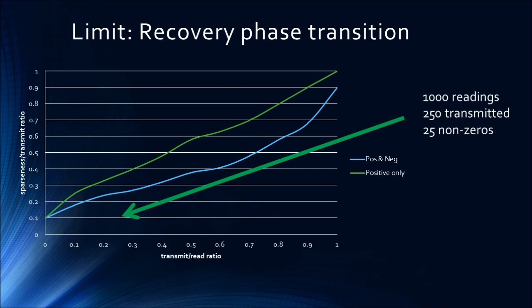However, if the signal is 25 sparse, then we're well into the safe range. In fact, we have room for a slightly noisier signal and still be okay. How okay depends on these two lines. This nice blue line here, positive negative, says what you are trying to recover. If you're trying to recover positive and negative numbers, then your limit's a little worse.